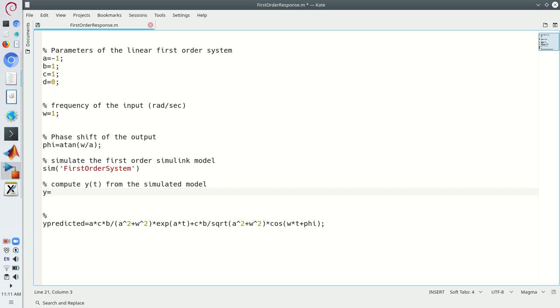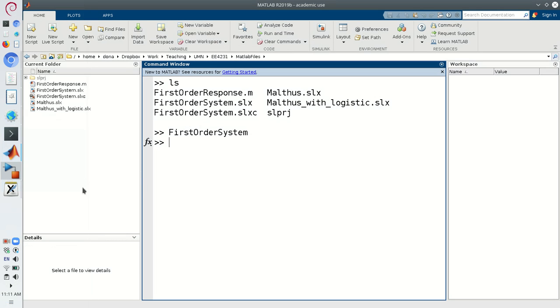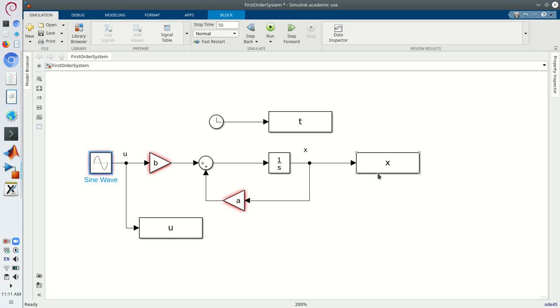After we simulate the Simulink model, as you can see, if we go in our Simulink interface, we have a variable t that is a standard array being exported into the workspace, and we have the state x. So if everything goes well during the simulation, we have a variable t, an array, and another array x.